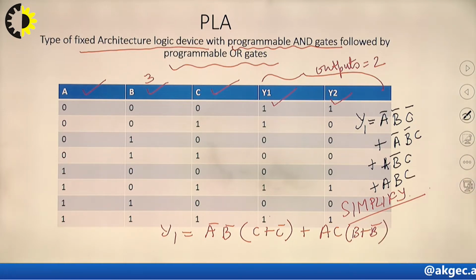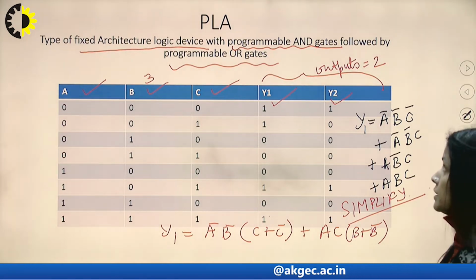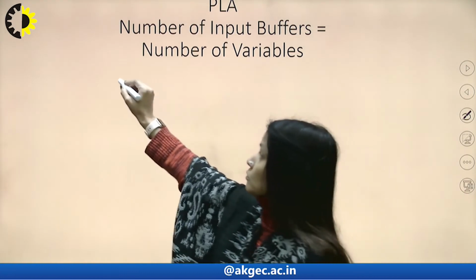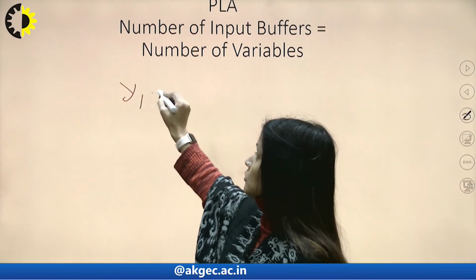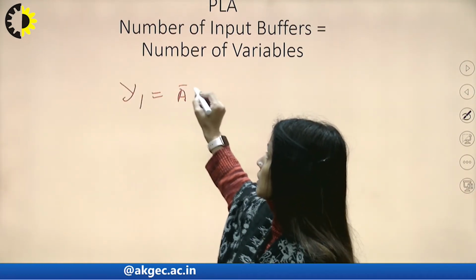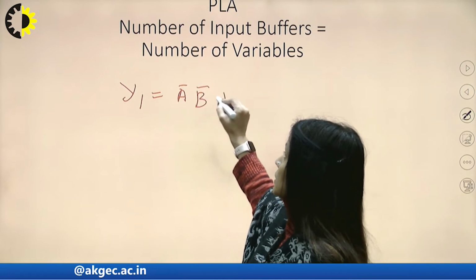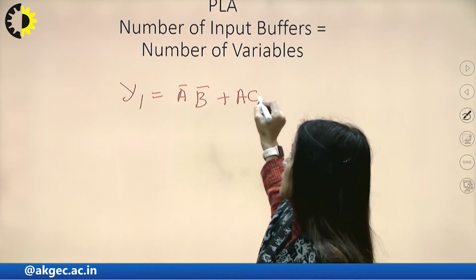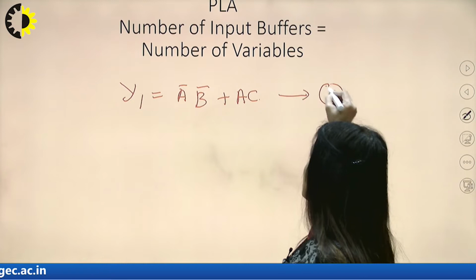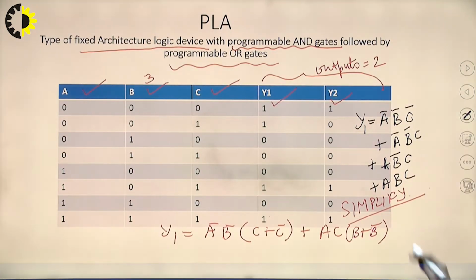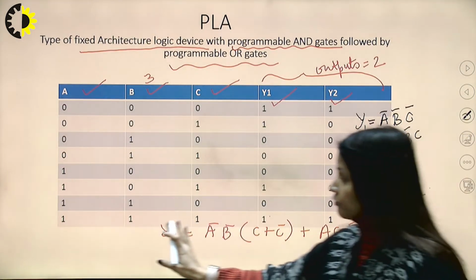So finally we have the expression Y1 is equal to A bar, B bar plus AC, equation number 1, right? So this is the expression for Y1.